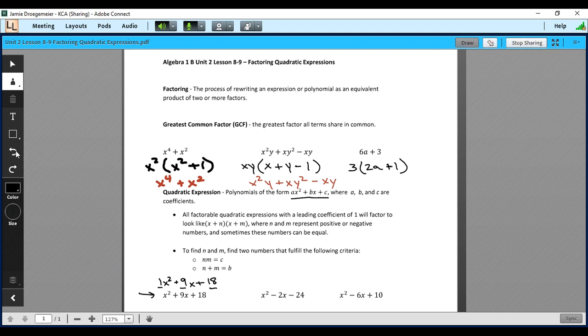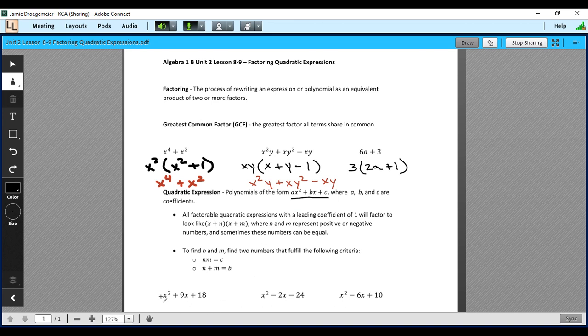All right, and so a couple of notes here. It says that all factorable quadratic expressions with a leading coefficient of 1. When they talk about the leading coefficient, they're talking about that first term that we have, so the x squared term in each of these.